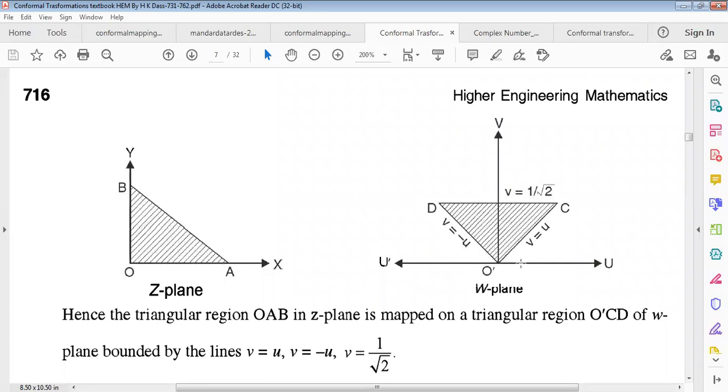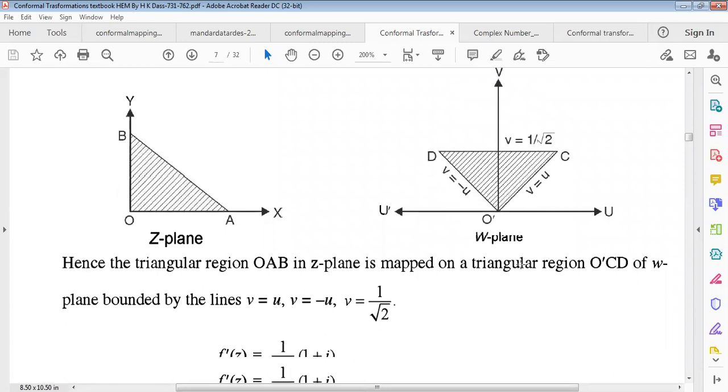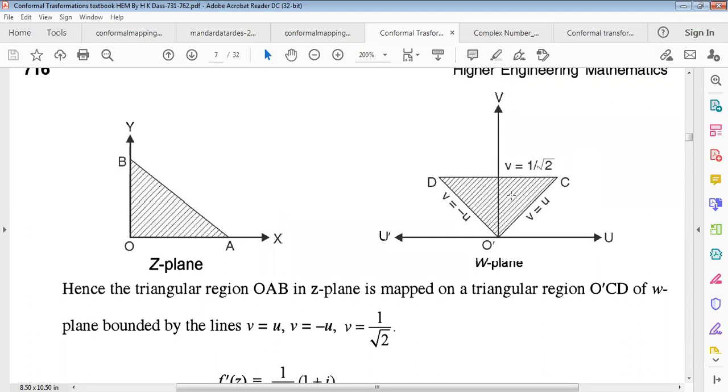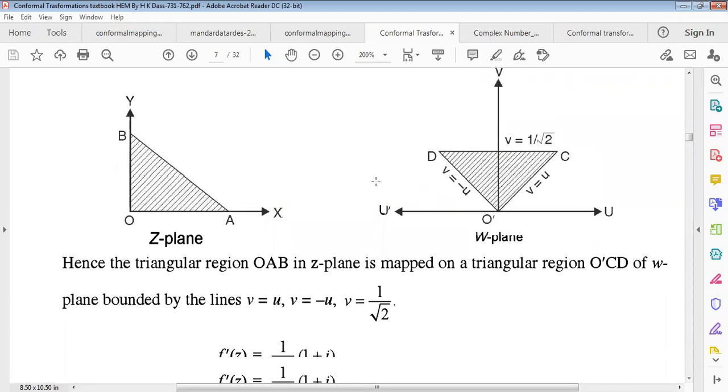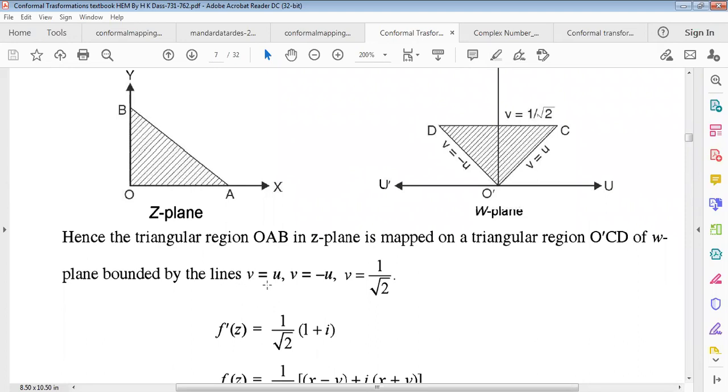The triangular region OAB in the z plane is mapped onto a triangular region O'CD' in the w plane, which is bounded by the lines v equals u, v equals minus u, and v equals 1 by root 2. These three equations make up the w plane.